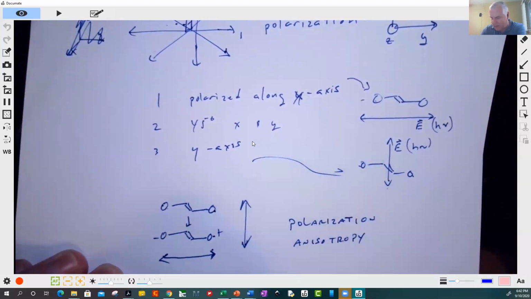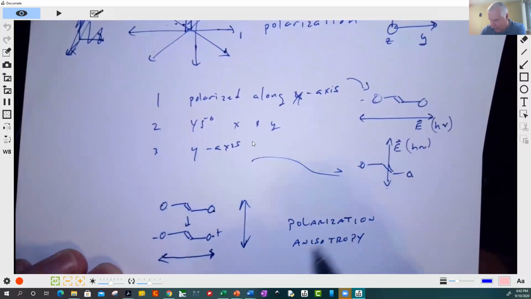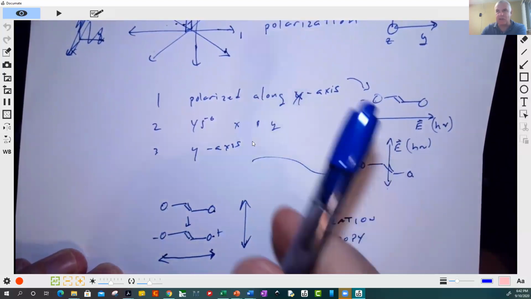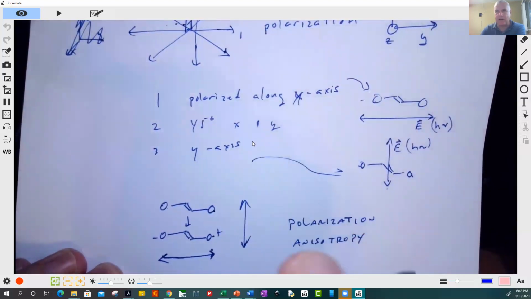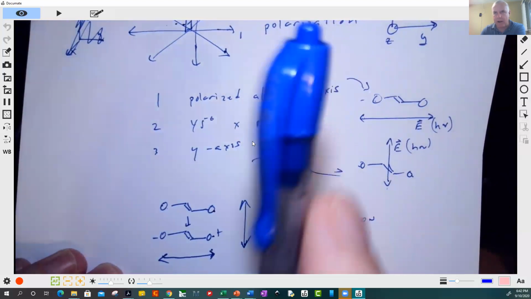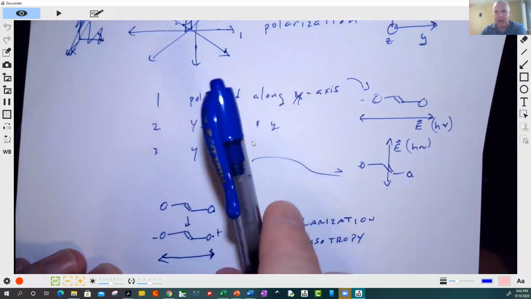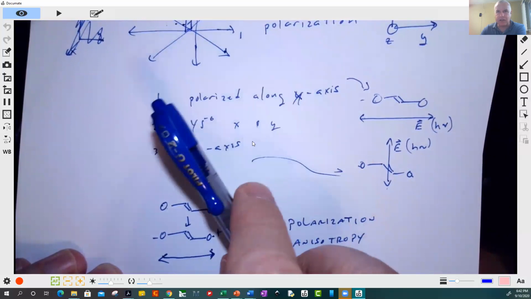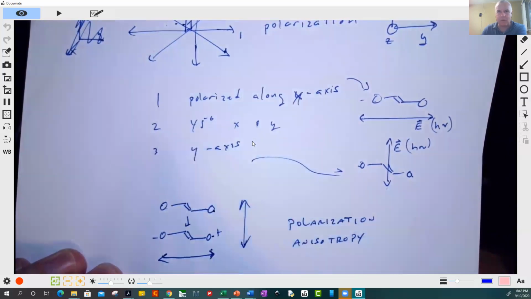So the polarization anisotropy of the stilbazolium is very clear. You can rotate this molecule in 3 dimensions, right? There's really only one orientation in which it has a significant chance of interacting with the electric field, right? So that's one of the things that will lower the quantum efficiency of the dye, right? Is the orientation.